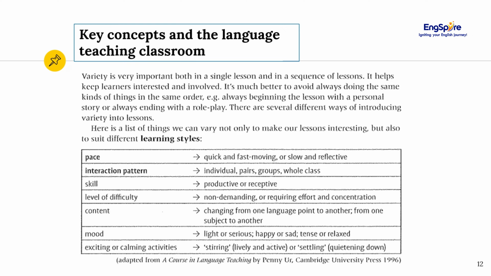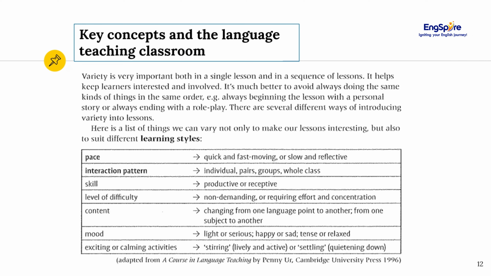Variety can also come from changing the content. Instead of teaching the same type of language all the time, we can move from grammar to vocabulary or from topics like travel to technology. Finally, think about the mood of the lessons. Some activities are serious and require concentration, while others are fun and relaxed.